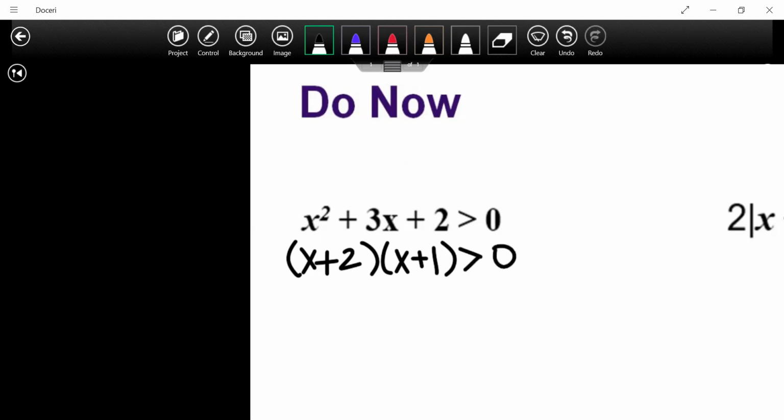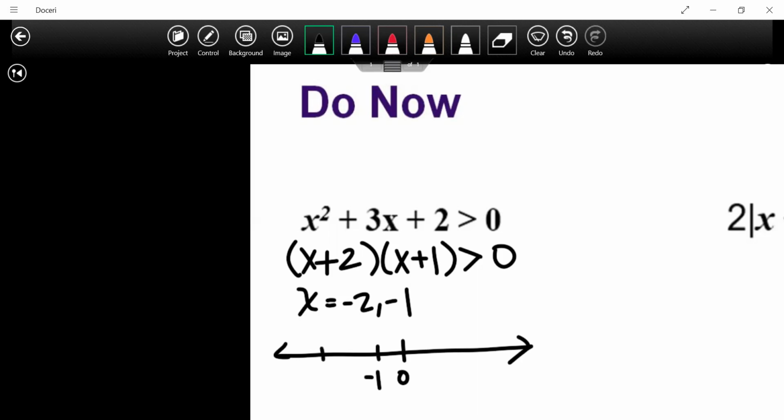When I graph this on my number line, will it be connected or not connected? Not connected. My answer would be x is equal to -2, -1. If we graph that on our number line, I'm going to get 0 here, -1 here, -2 here.